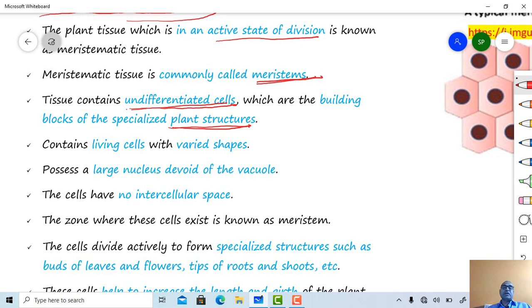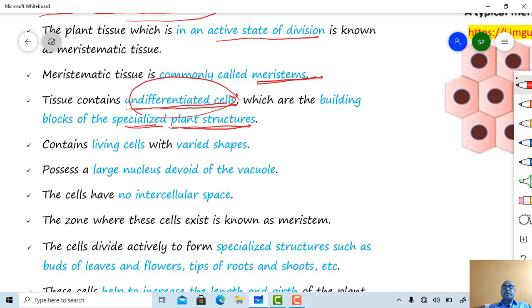These are the organs of the plants, and these organs contain specialized or organized cell structures, and these are produced by means of these undifferentiated cells, that means these meristematic cells. So by the division of these meristematic cells, different organized cell structures are produced within a plant, or the total plant structure is formed by means of these meristematic cells.